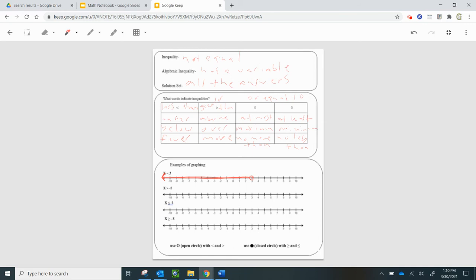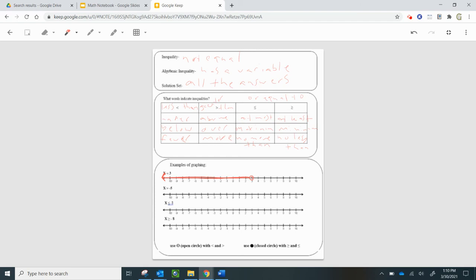It could be -8. It could be anything that keeps going in that direction. So it could be -1 billion. Remember, arrows tell us that it keeps going and going. But also any fractions or decimals in between. So it could get really close to 3, right? But not be 3. It could be something like 2.999999999, and it would still work because it's less than 3.